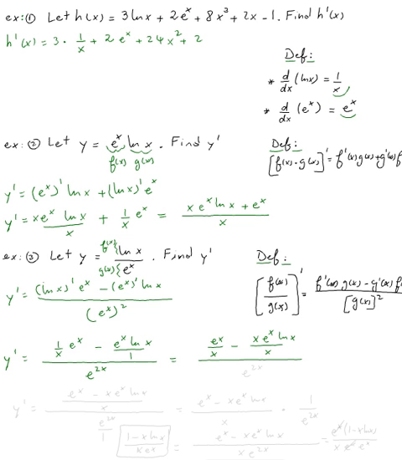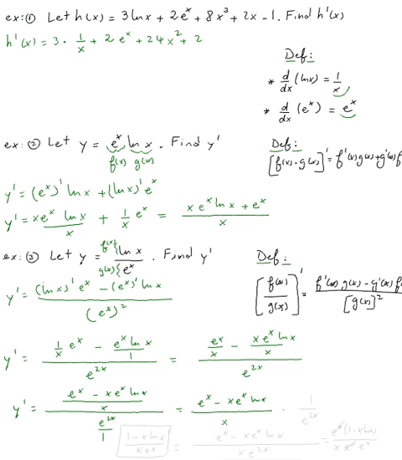over e to the 2x. Now y prime is equal to e to the x minus x e to the x ln x over x, everything over e to the 2x. Now think of e to the 2x as e to the 2x over 1. So this is equal to e to the x minus x e to the x ln x over x.